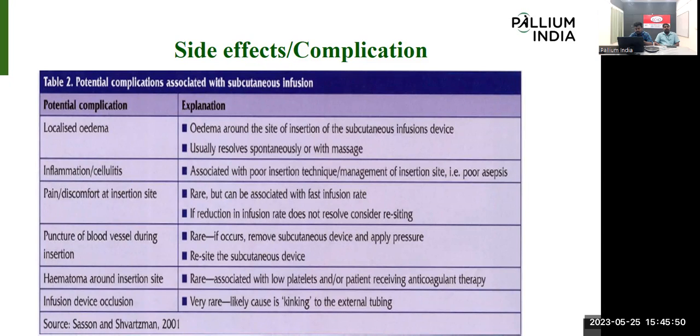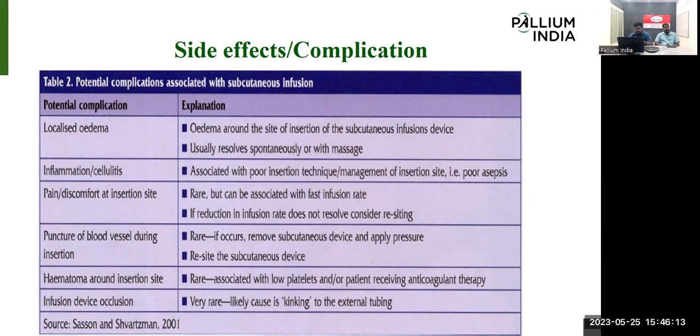If the rate and volume increase, it will cause pain or discomfort at the insertion site for the patient. So if the patient reports any pain, we need to check the rate and the volume and readjust, or otherwise reduce the rate and the volume to solve the issue.